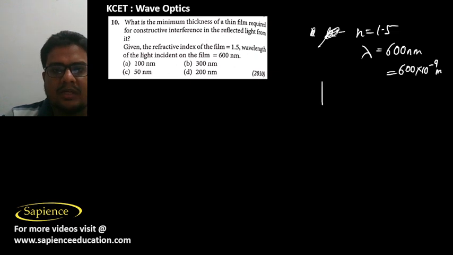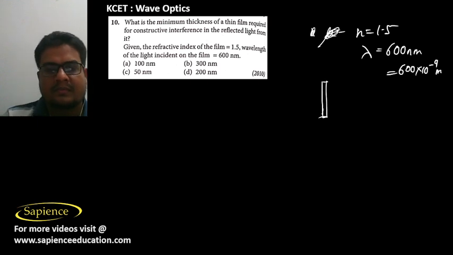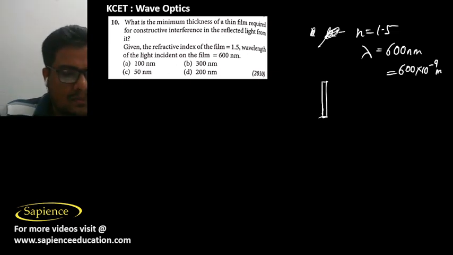What is the minimum thickness of the film required for constructive interference in the reflected light from it?